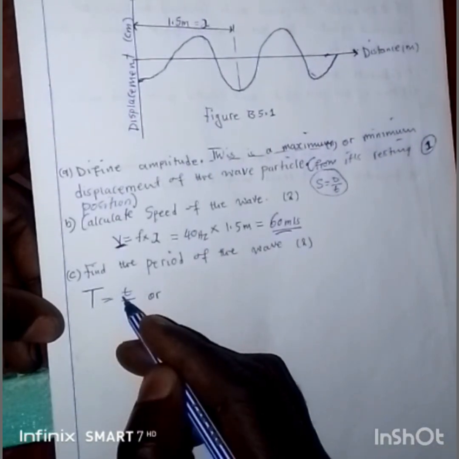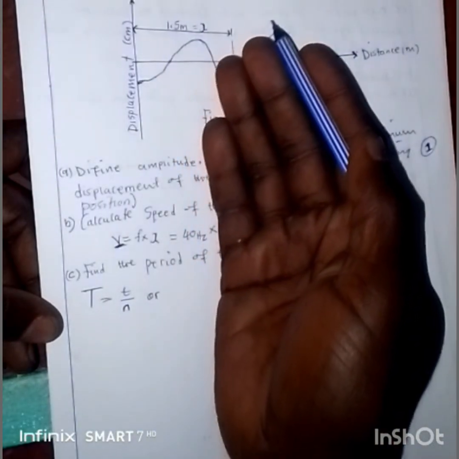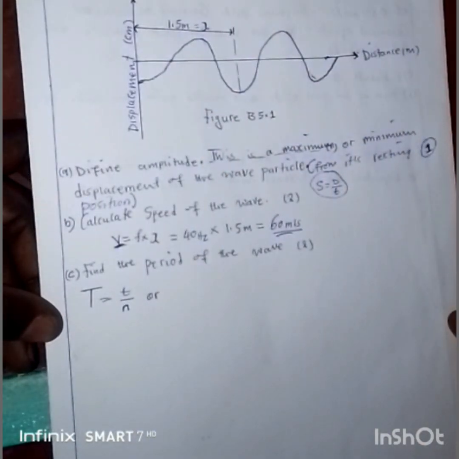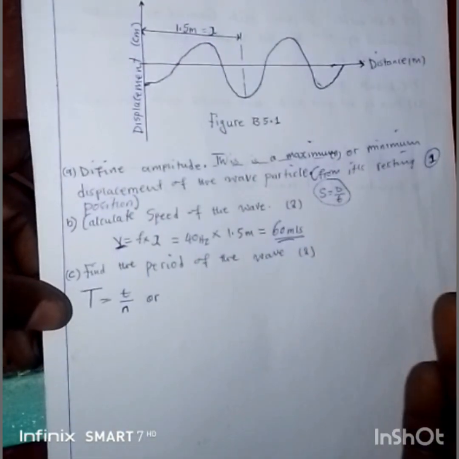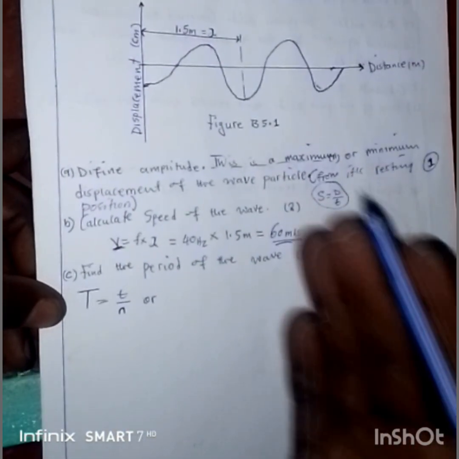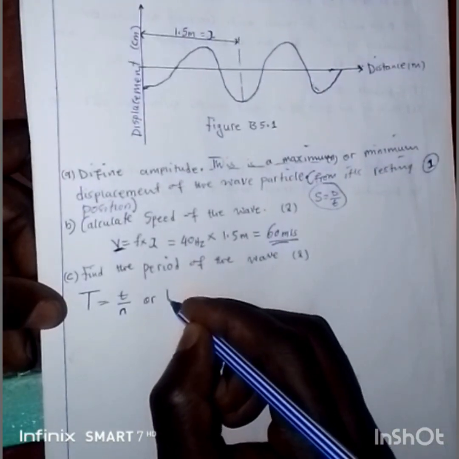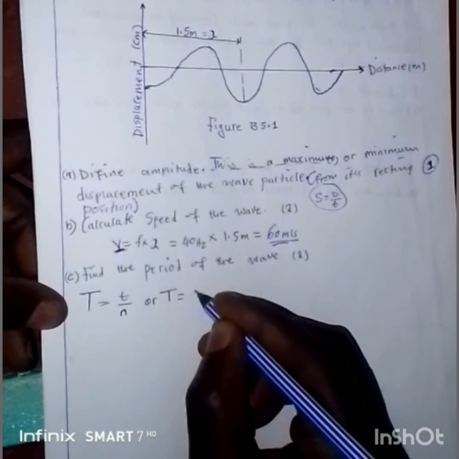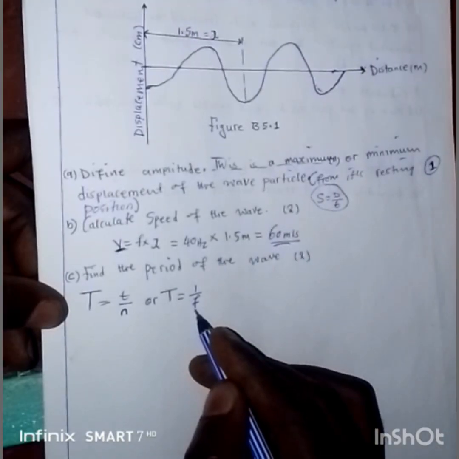However, we can also use another formula. We don't know the time, and we don't know the number of waves. Of course, looking at the diagram, we can count how many waves were produced, but we don't know the time that it took for a complete wave to be made. So we can use this other formula, which is period equals 1 over frequency. Why are we going to use this one?